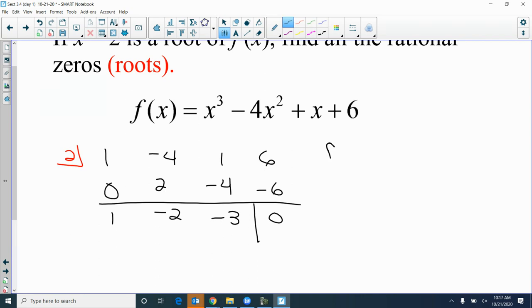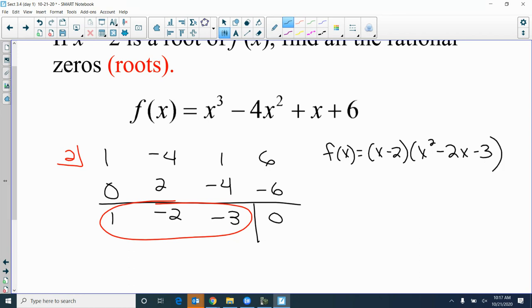All right, so now f of x, since 2 is a root, that means x minus 2 is a factor. And x minus 2 times what? What do we multiply it by to get back the original one? Remember that is where we multiply it by our answer here. So that is now x squared minus 2x minus 3.